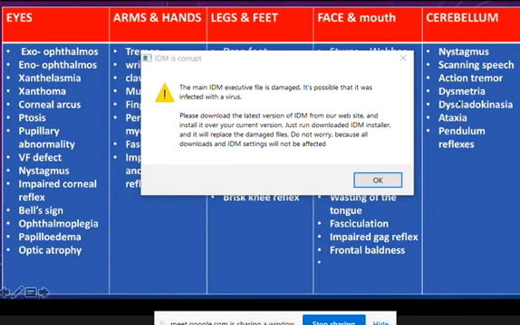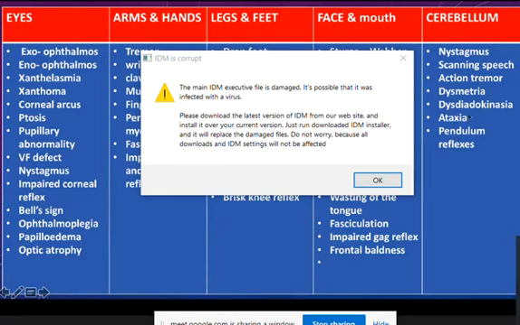And then we have the signs of nystagmus, scanning speech, action tremor. These are cerebellar signs. Cerebellar signs are bilateral horizontal, fine or coarse nystagmus with the fast component toward the lesion, scanning of speech, action tremor, dysmetria, dysdiadochokinesia, ataxia, and pendular reflex.